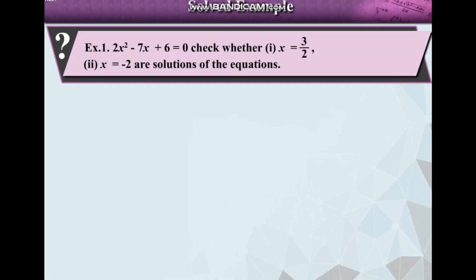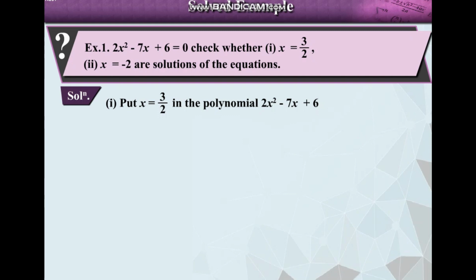Solved example. 2x² − 7x + 6 = 0. Check whether 1. x = 3/2 and 2. x = −2 are solutions of the equation. Solution 1.